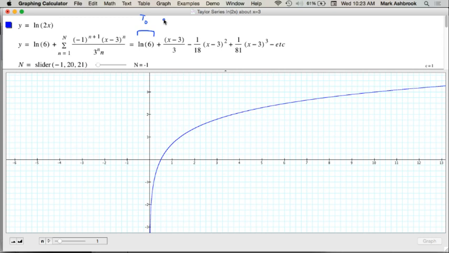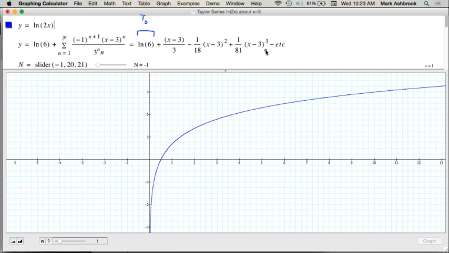Horizontal line. And that horizontal line, what does it accomplish for us in terms of estimating the function? What does it get right? I think a lot of you are saying it just gets natural log of 2x at x equals 3. And so that's why it's natural log of 6.